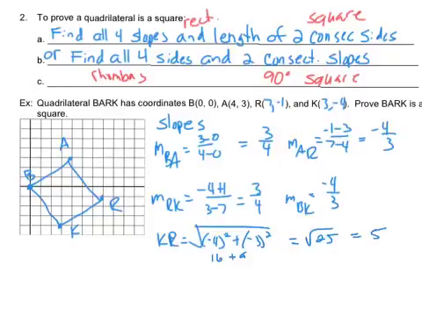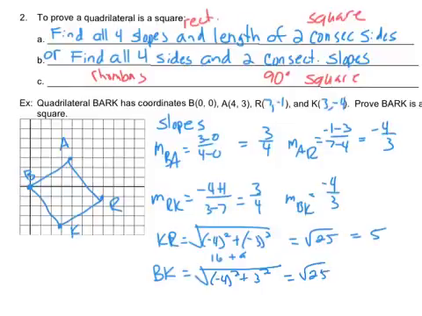And then BK is going to be negative 4 squared and 3 squared, again that's radical 25, so that's 5. So we have all our work shown here.